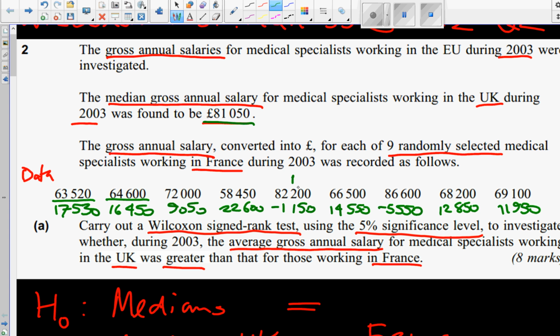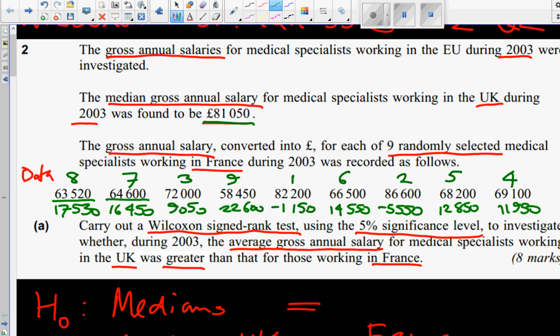That's the closest to 0. The next one on our list is number 2 at 5,550, irrespective of its sign. And the third one is 9,050. So if I very quickly go through and mark those up, I'll be back to you in a sec.